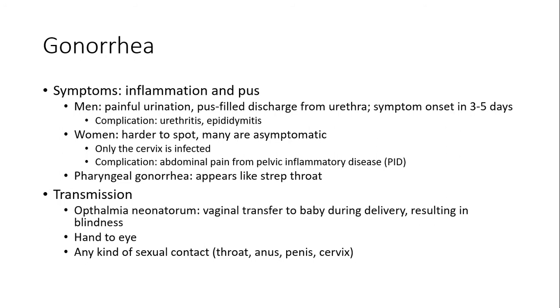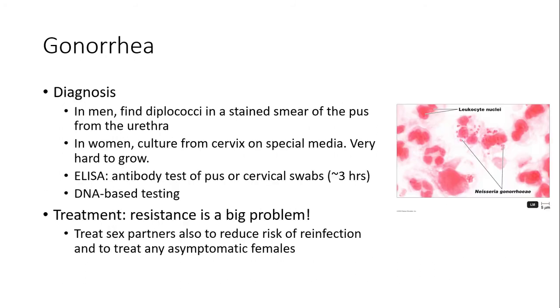So you would see that inflammation of the cervix potentially. So we can treat with antibiotics if we know this is going to be an issue. We can also consider something like a C-section to avoid that cross-contamination. But we do treat all babies with antibiotic ointment for their eyes because of this risk.